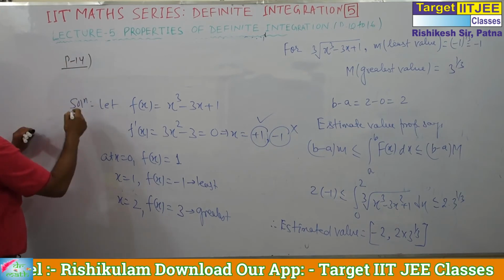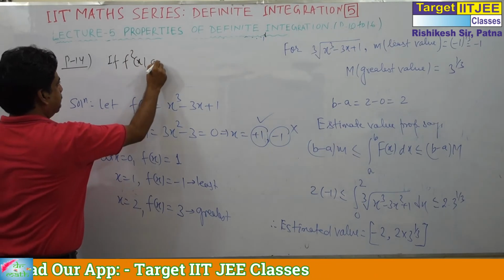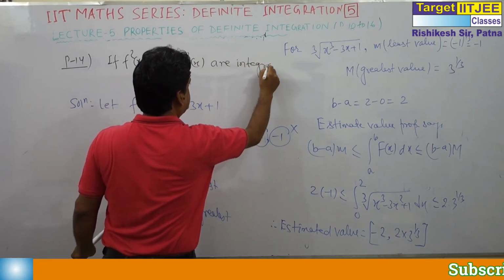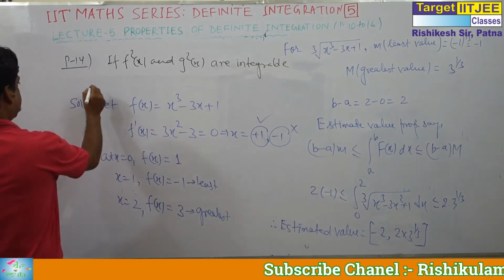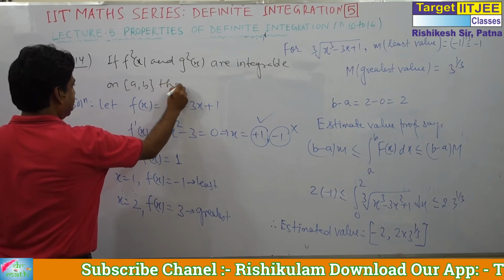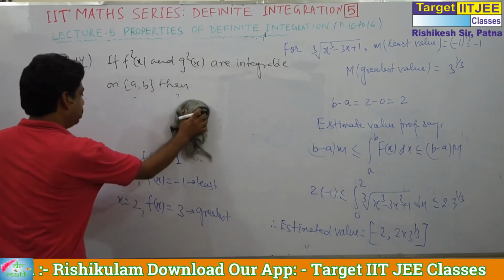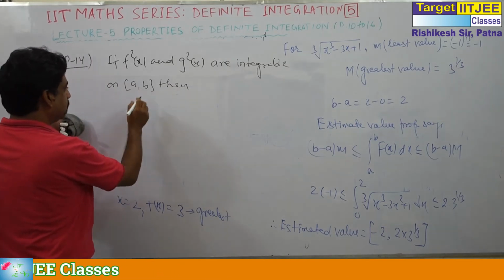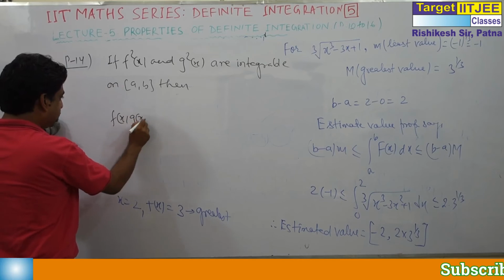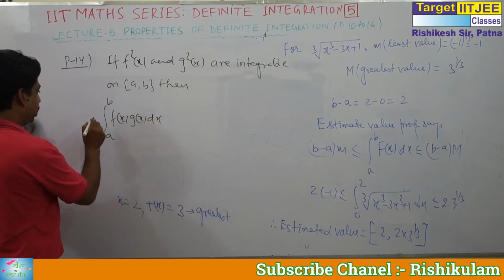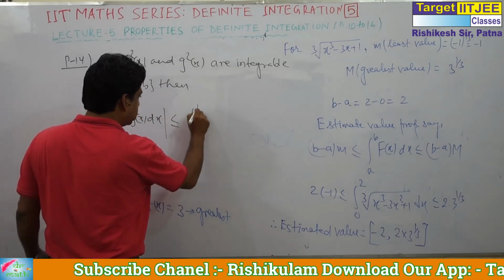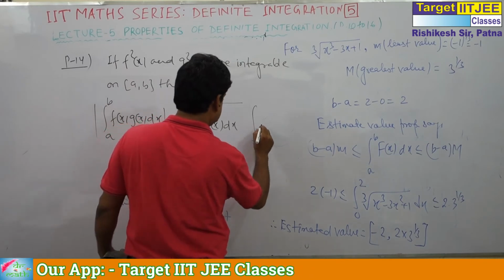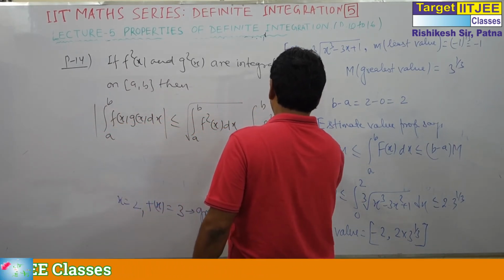Like this. The property is: if f square x and g square x are integrable on AB, then the property is, the modulus of the integral from a to b of fx into gx dx is less than or equal to the square root of the integral from a to b of f square x dx, into the square root of the integral from a to b of g square x dx.